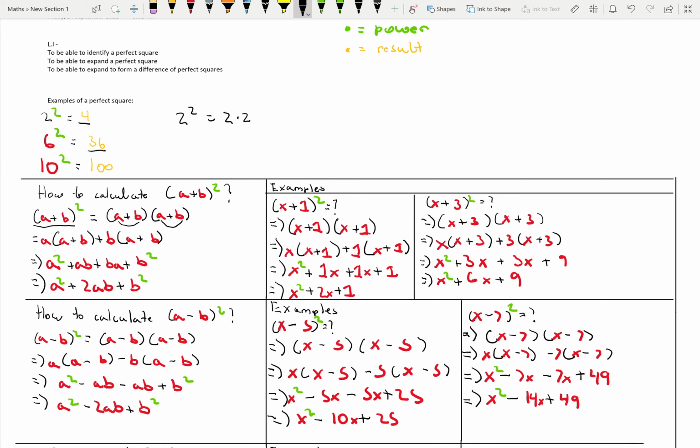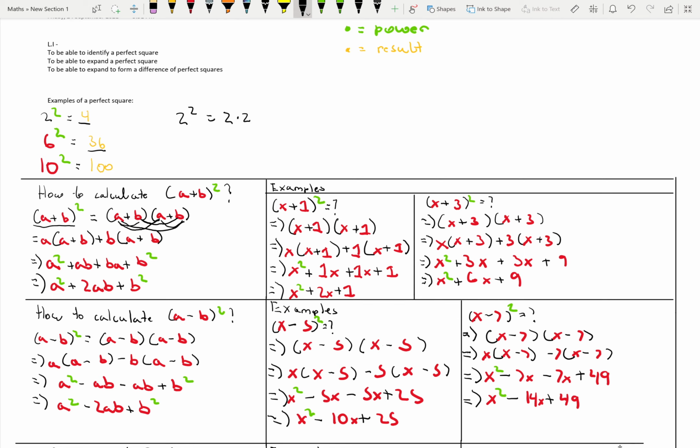Now, for those who aren't familiar with multiplying binomial products, you use something called the distributive law. And you use the distributive law by taking the first integer of the first bracket and multiplying that with the other integers in the second bracket. So we would do a multiplied by a plus a multiplied by b, and then you add that with b multiplied by a and b multiplied by b.